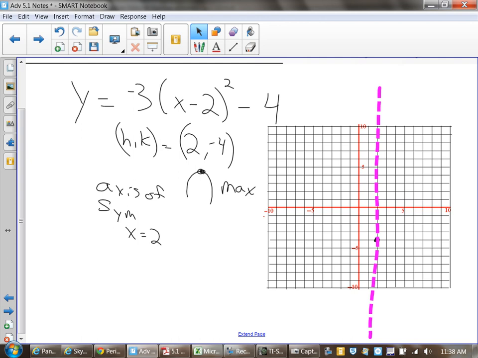So do this again. From here, I also know since I've got my vertex at 2, -4, if I pick really easy numbers, I'm going to be able to find out my symmetric twins. If I use 0, or better yet, you've got a calculator, right? Do you have a calculator button that says y equals? All right, go to your calculator.